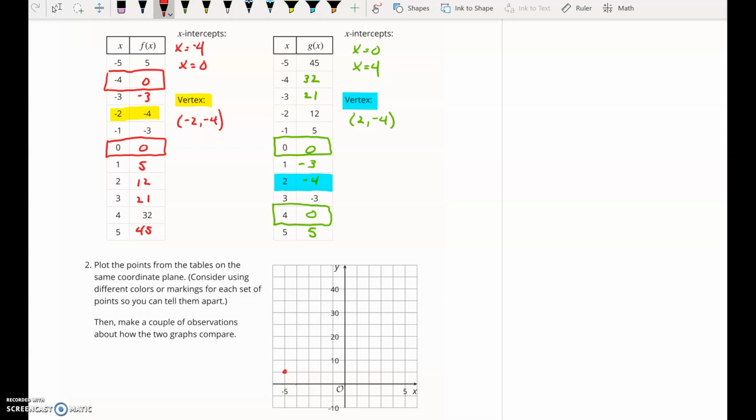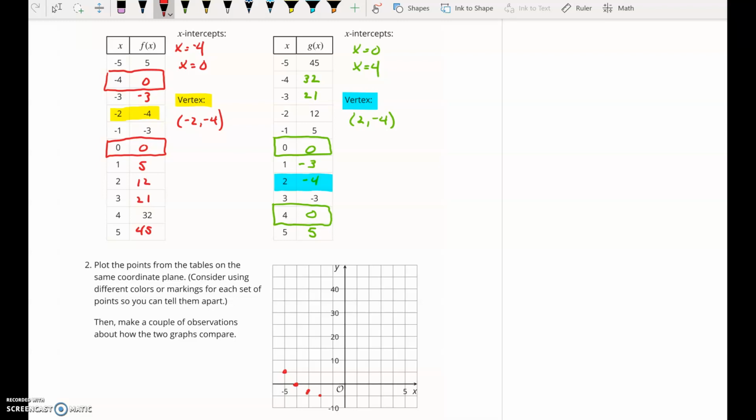-4, 0. -3, -3. So that's right about here. -2, -4. Right about there.